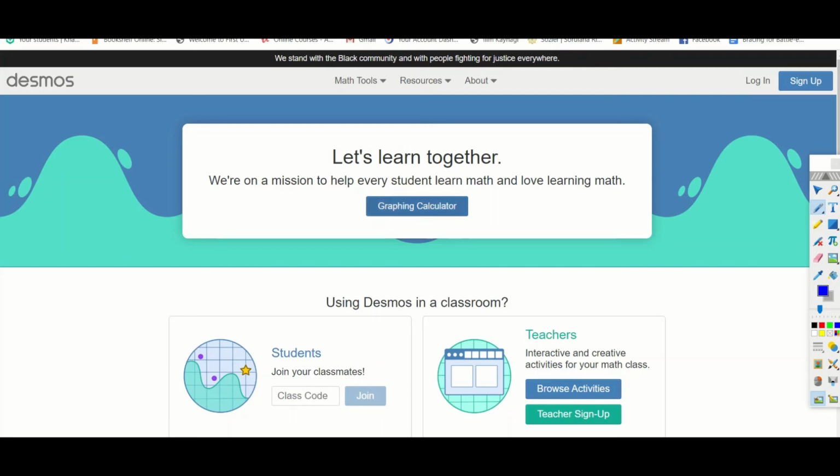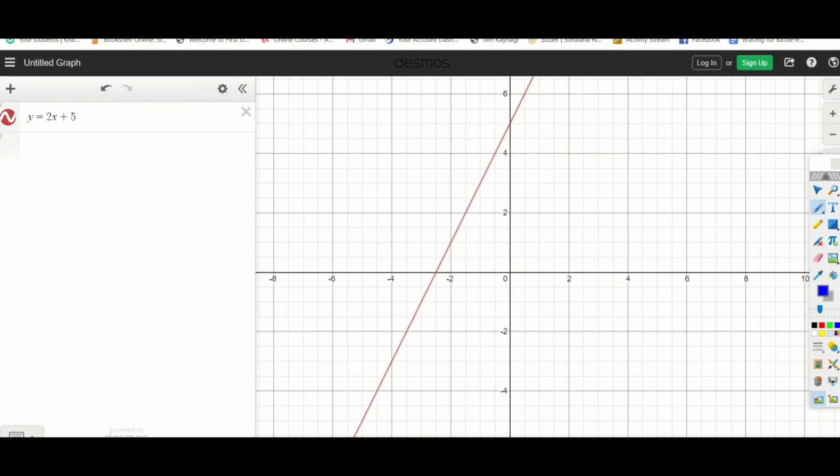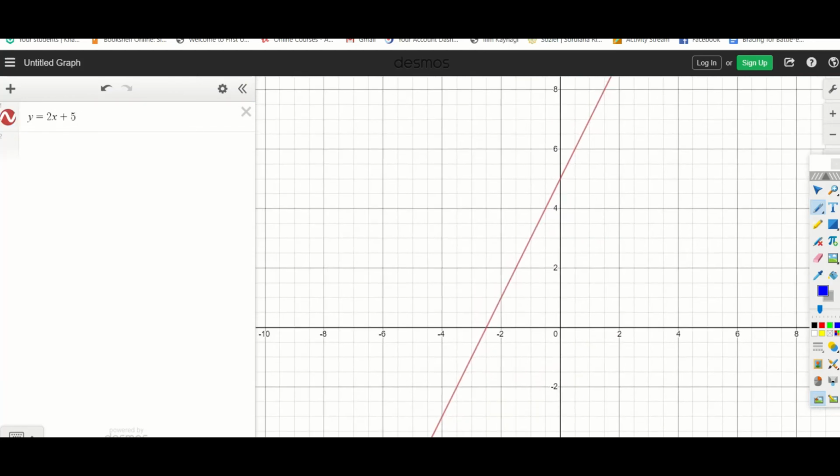First I will show you how to do it on the website desmos.com. It's an online platform, and I highly recommend you practice from here. For example, you can put y equals 2x plus 5, and you can analyze your graph from here and see how the graph works. Let's say y equals 2x minus 3.